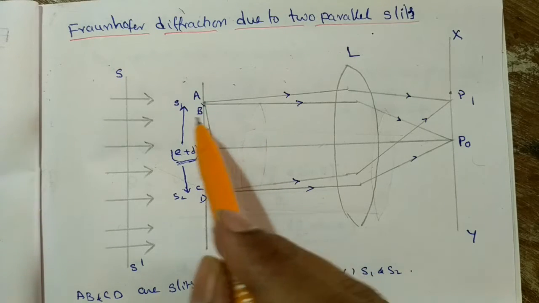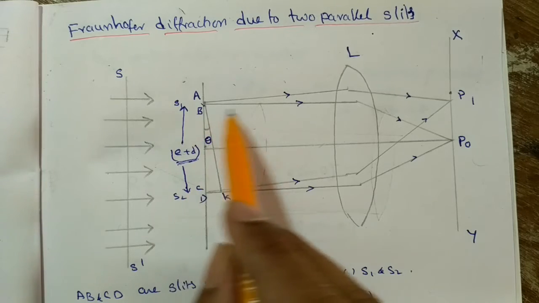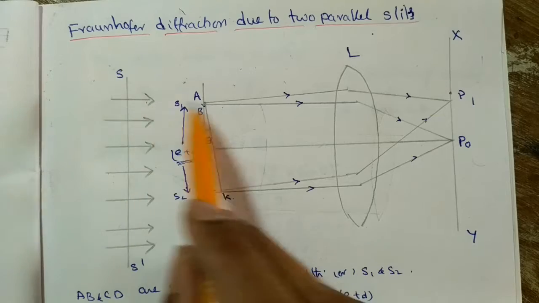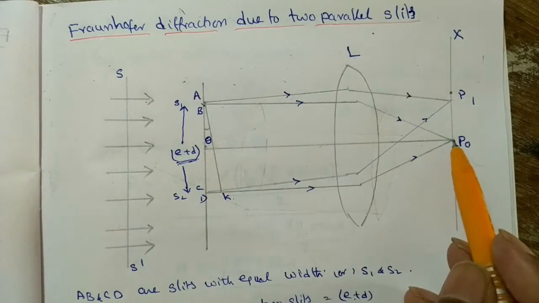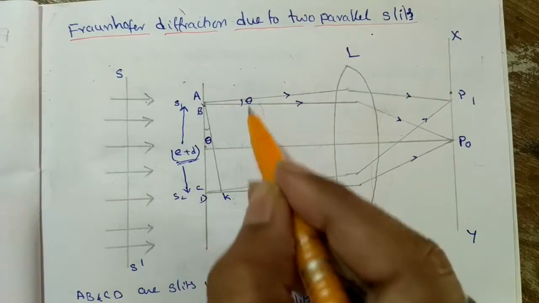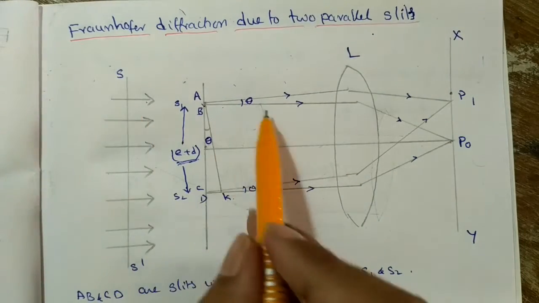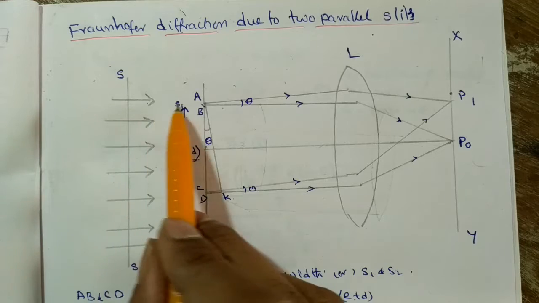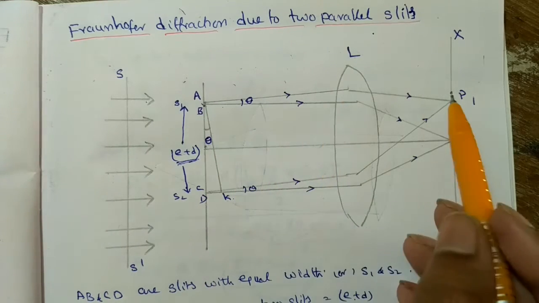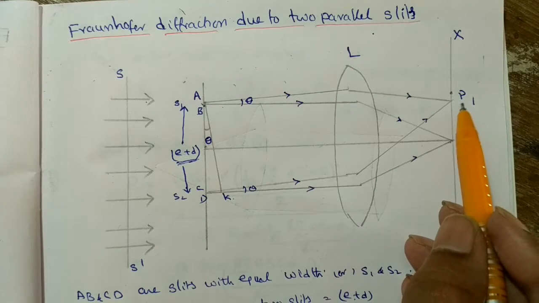The secondary wavelets entering this slit, which are parallel to the incident beam, form an image at P0. Those making an angle theta with the incident beam form an image at P1.